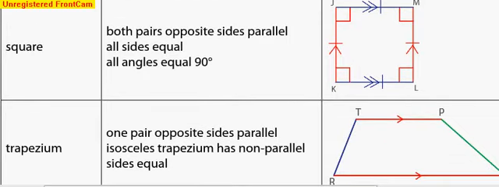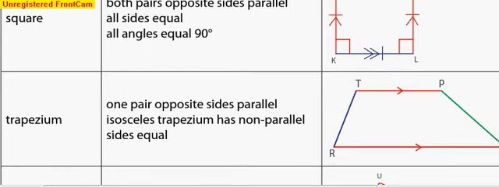Next we focus on the trapezium. For the trapezium we have one pair of sides only that are parallel.